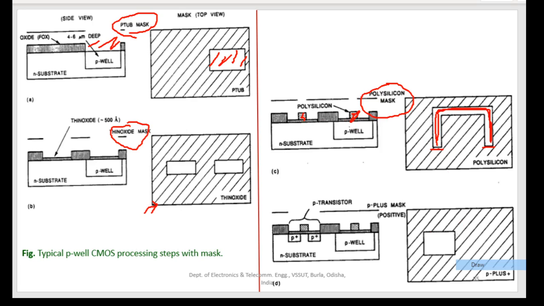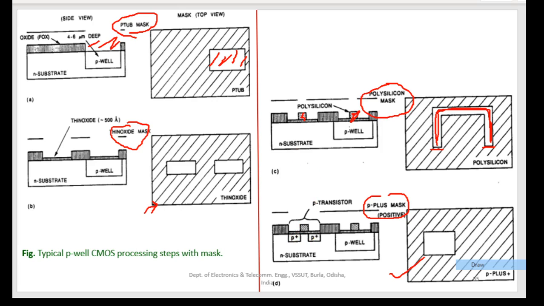Okay, and this is the P plus mask. P plus mask will be used for forming the P plus regions here. The P plus regions will be done like this, and this particular mask will be used for forming the P plus to form P MOSFETs.